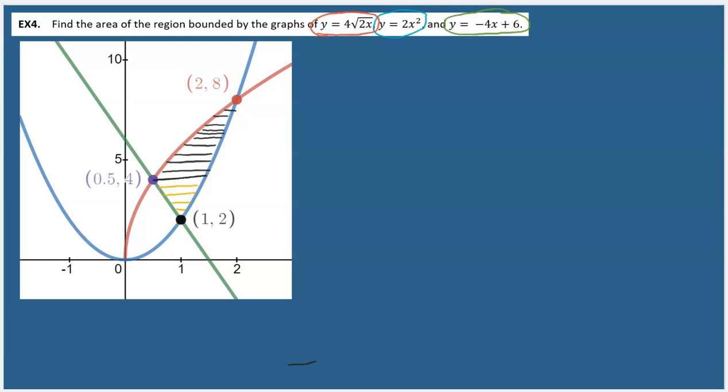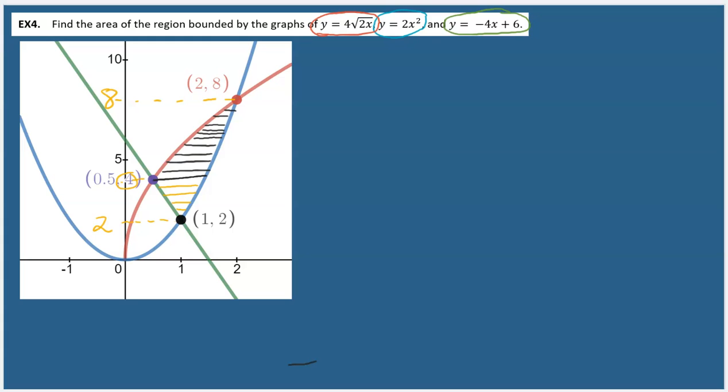And for the integrals, of course, we have to think about the y value because the base of your rectangle is delta y. So here that is 2, here we mark 4, and up here is 8.